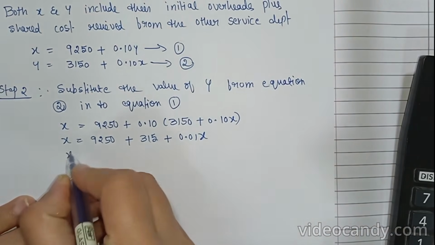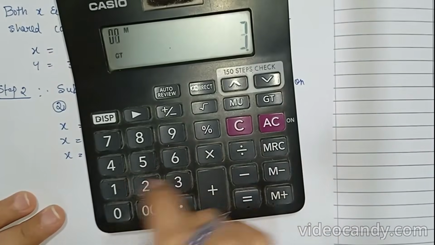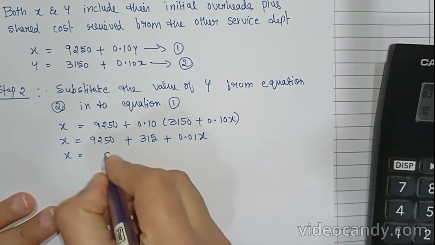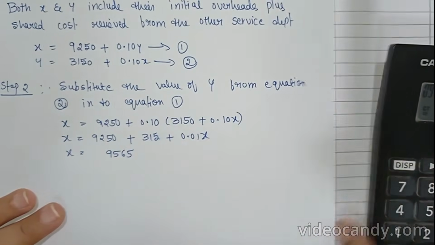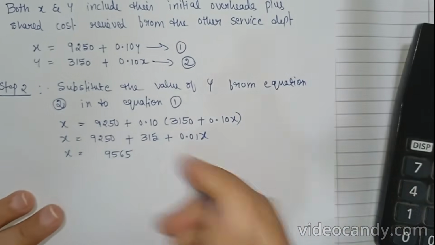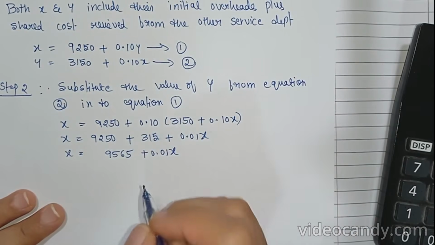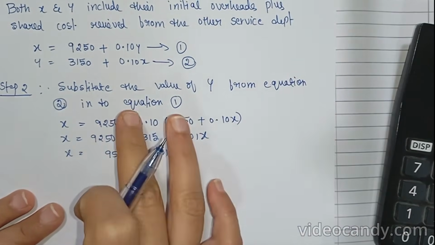Now what we have to do? X equals, add these two: 9250 plus 315 is 9565, plus 0.01x. Now bring all terms to one side.